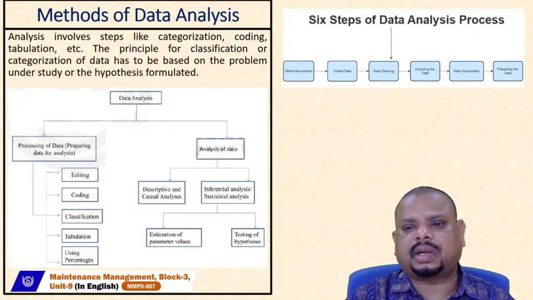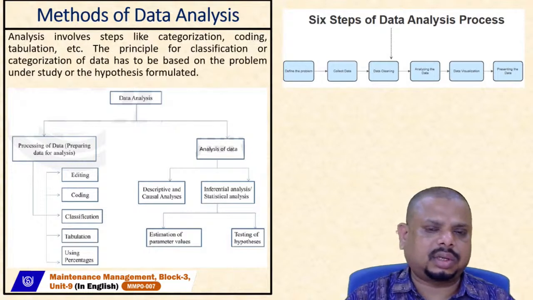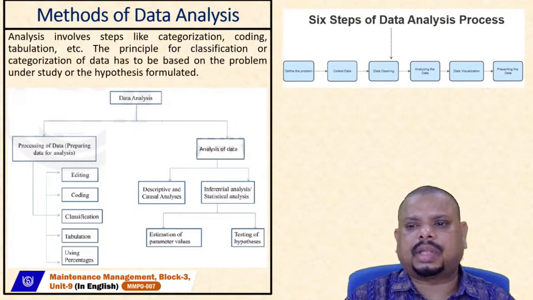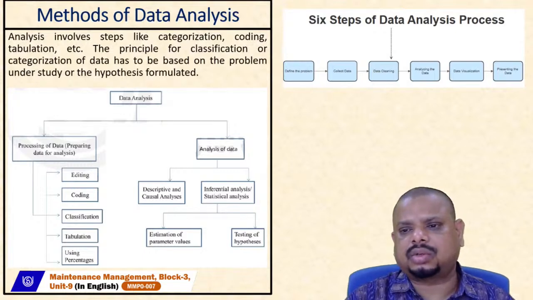Then go for data filtration or data cleaning. Then analyze the data with the help of various software. Nowadays, in case of statistical analysis, a large variety of software is available. Then with the help of tables, charts and control charts, you can go for data visualization.